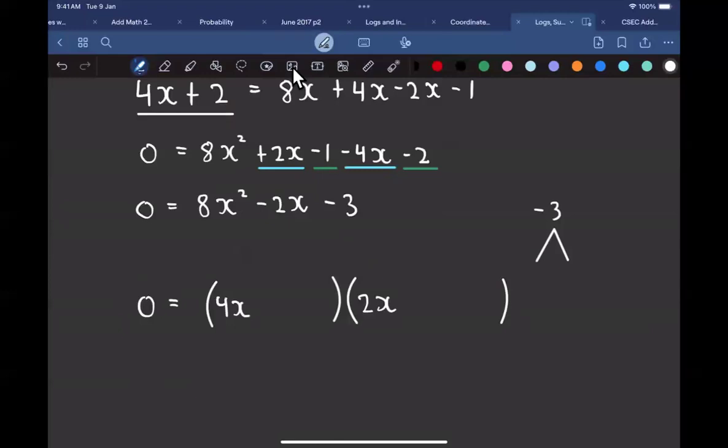I honestly don't know what it is. I feel like 1 and something. So Kira, to get 3, forget about the negative. We have to multiply to get 3. Don't overthink it.